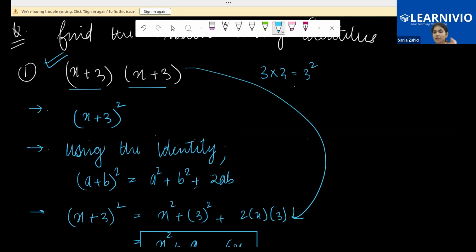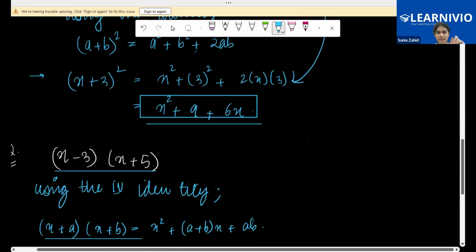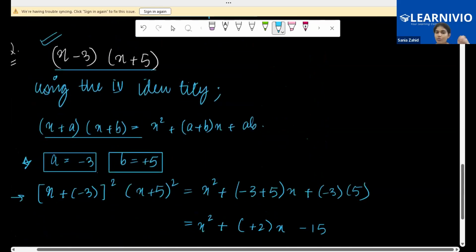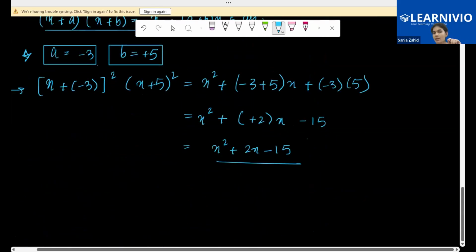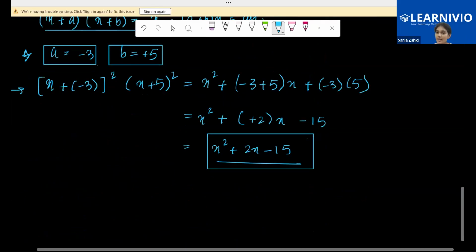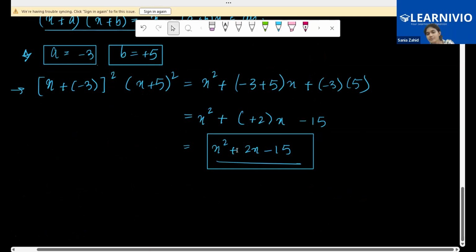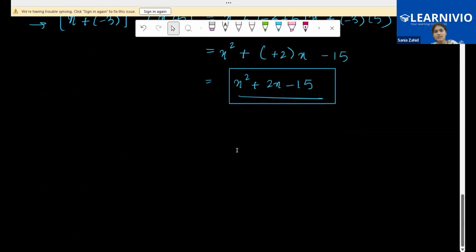Do you understand the concept? Here also, I have my factors. I have to find the polynomial. And in middle term splitting, I gave you the polynomial and you had to find the factors. Right, children? Yes, ma'am.